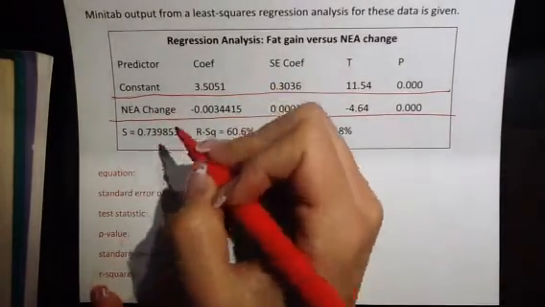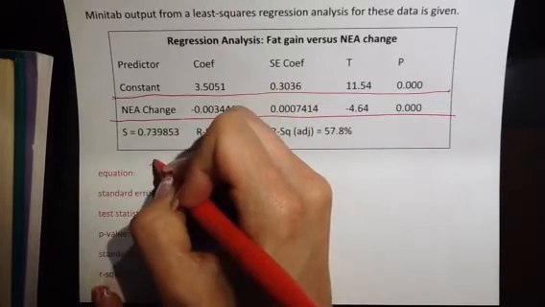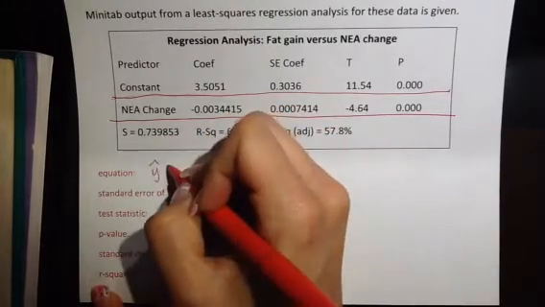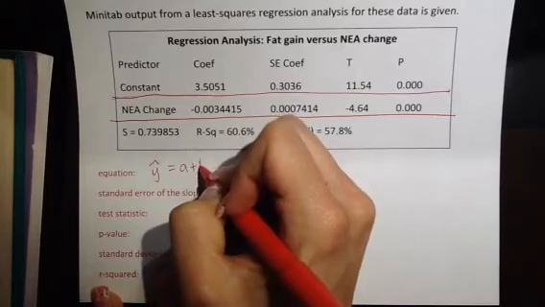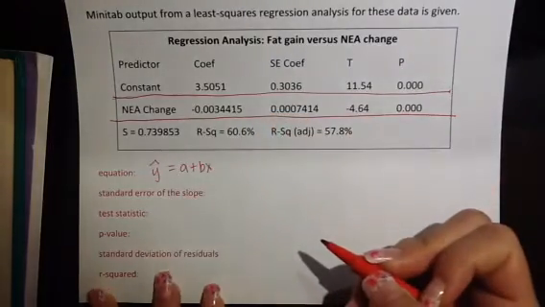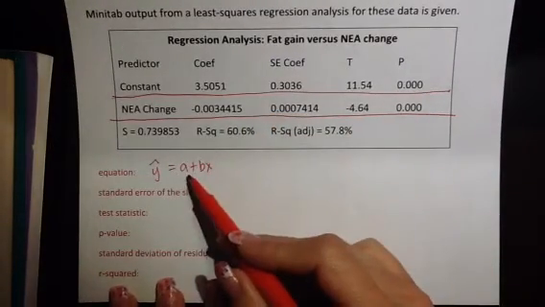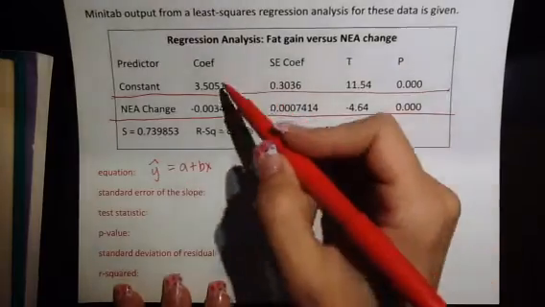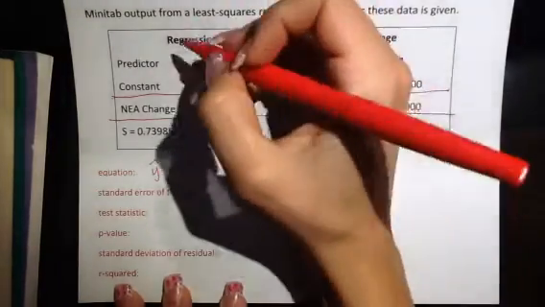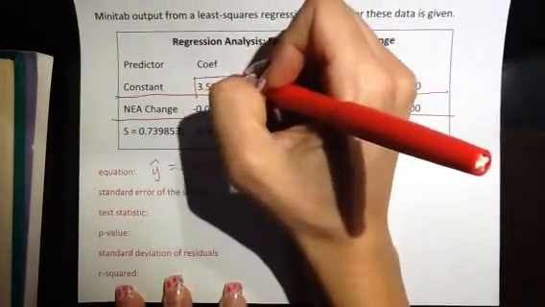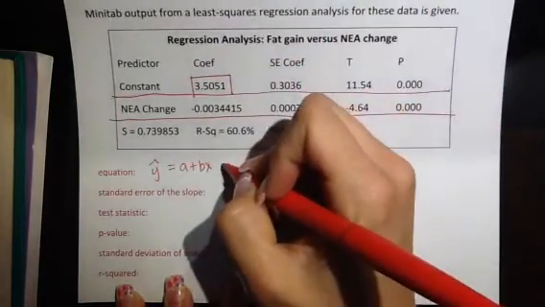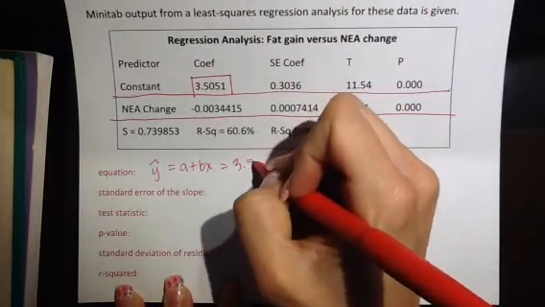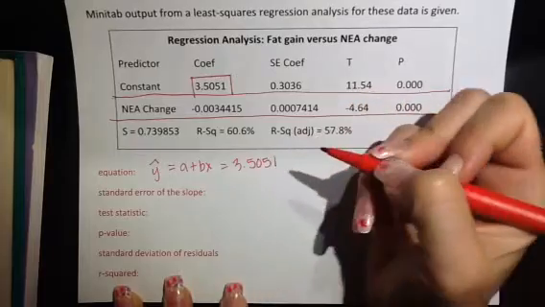Remember, our equation for our least squares regression line is y hat, because it's our prediction, equal to a plus bx. So a is our constant, so we're going to look at the coefficient that goes with our constant. So we're going to focus on this value right here, 3.5051.